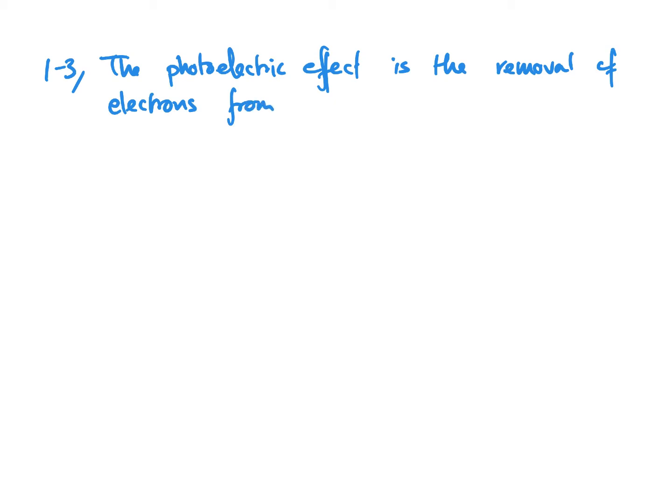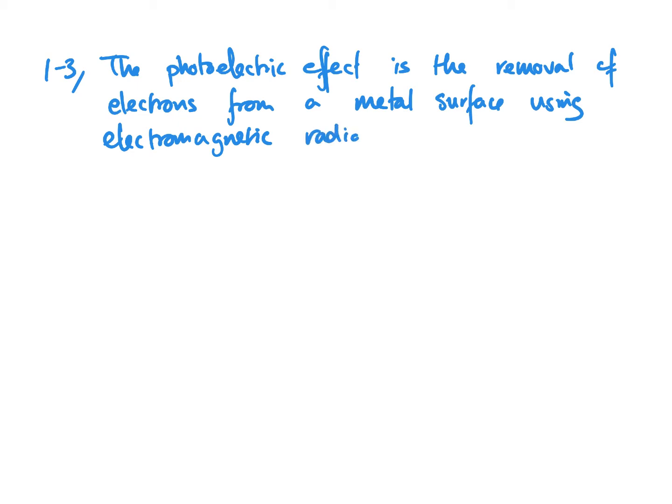So it's the removal of electrons from a metal surface using electromagnetic radiation. So generally light, but we'll look at other things like ultraviolet, infrared, stuff like that.